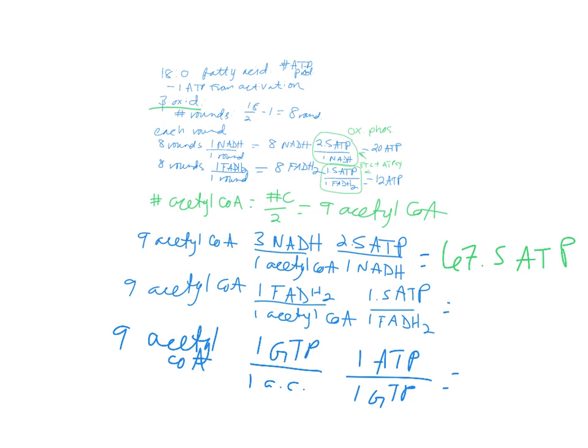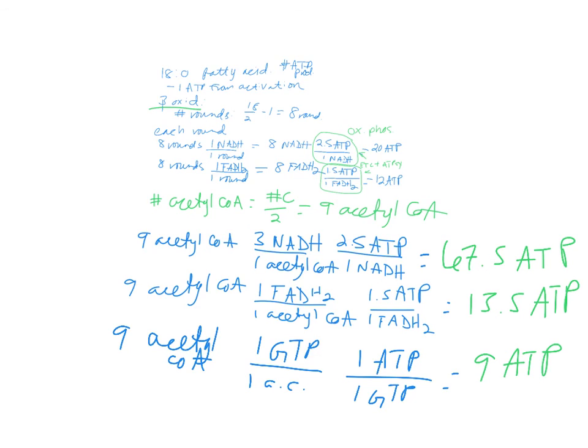It's a lot of ATPs. 9 times 1 times 1.5, 13.5. And again, we'll also talk about this 0.5, or this half of an ATP, later. And then this is going to be 9.